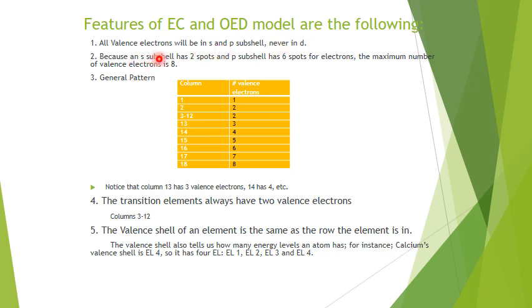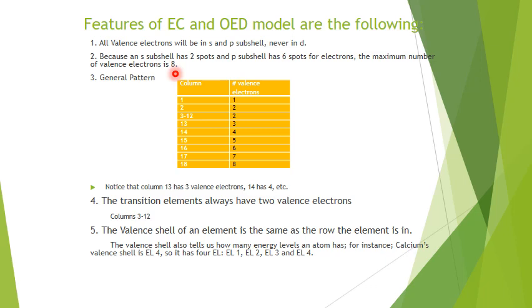Because an S subshell has 2 spots and a P has 6, the maximum number of valence electrons is 8. So the highest number of electrons that can be on the outer shell is 8. And that's just because the model makes it that way.